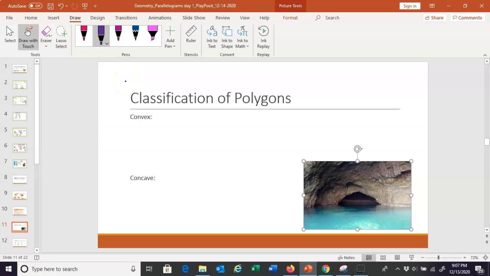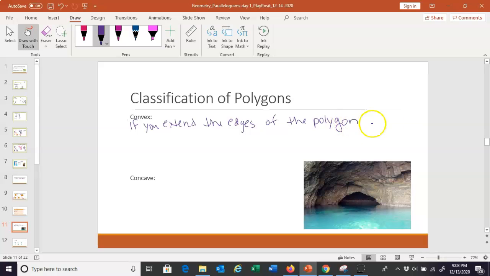So a convex polygon is actually when you extend the sides of the polygon, they do not intersect the interior. A convex polygon is one that you might think of like a square.